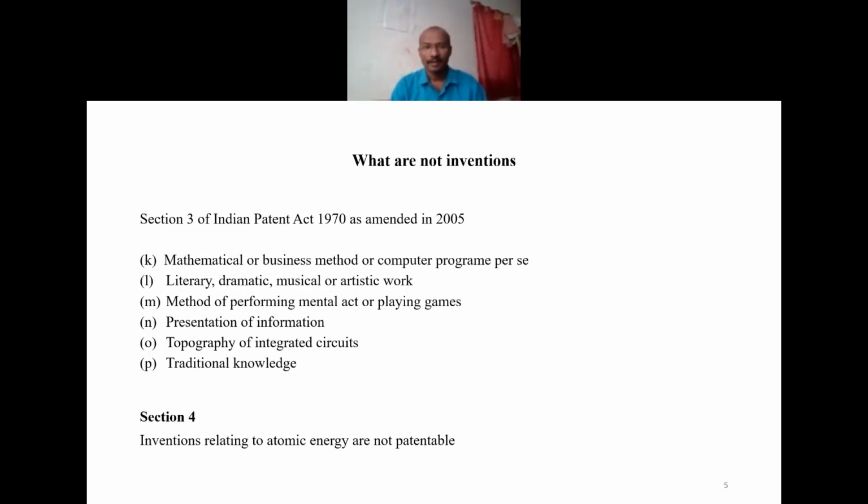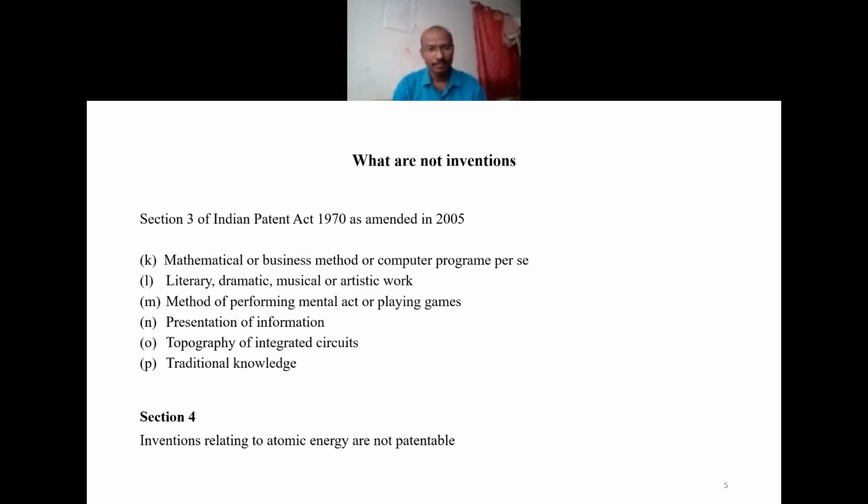Then mathematical or business method or computer program per se is not patentable. Literary, dramatic, musical or artistic work is not patentable, but it can be protected under copyright law. Method of performing mental act or playing games.